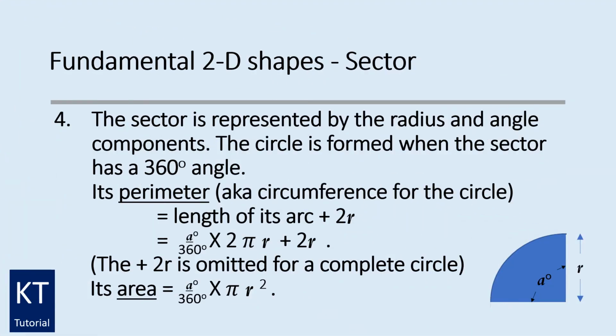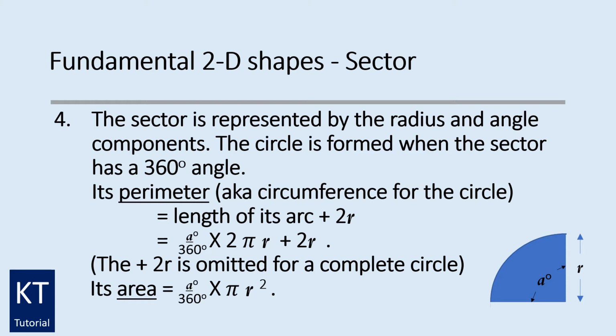The fourth and final fundamental 2D shape I wish to cover is the sector. The sector is represented by the radius and angle components. The circle is formed when the sector has a 360-degree angle.